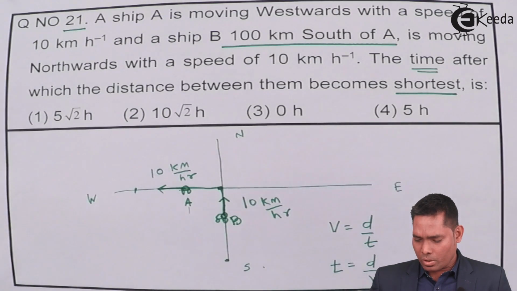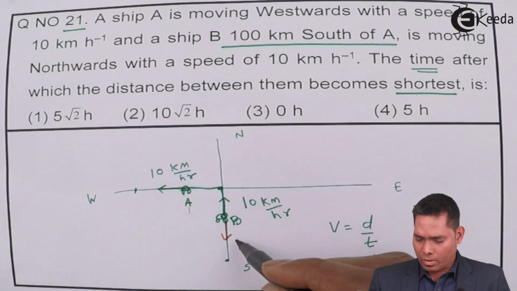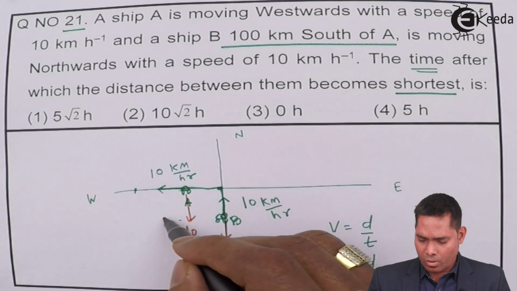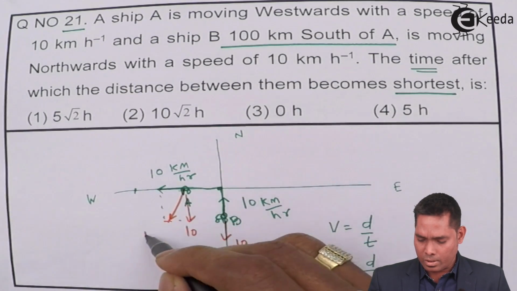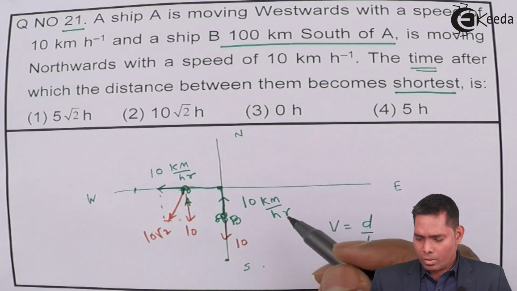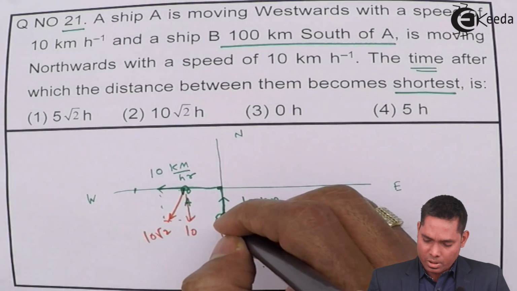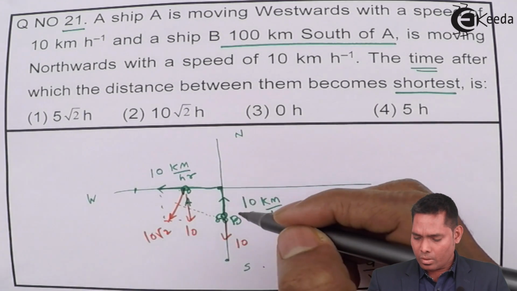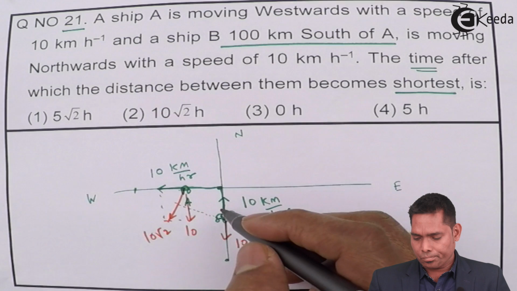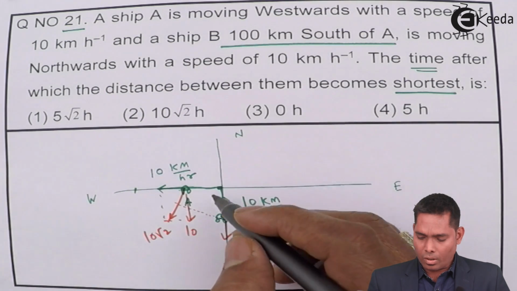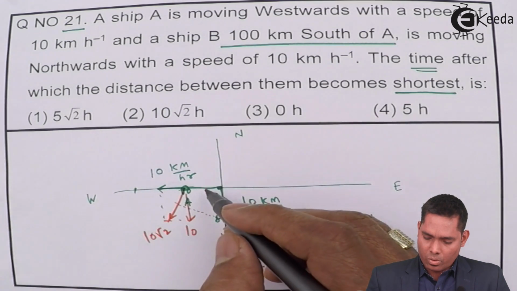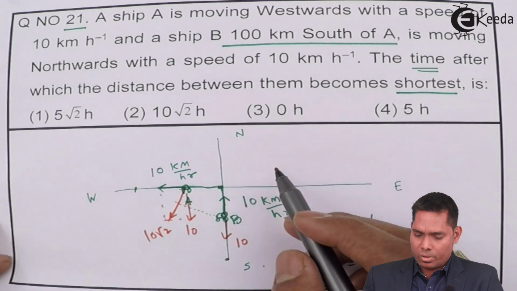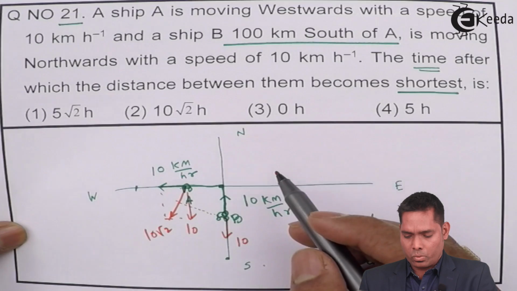If I give 10 here and 10 here, the resultant of these two is like this, that is 10 root 2. The shortest distance is the perpendicular distance, so it is obtained by 100 divided by root 2.